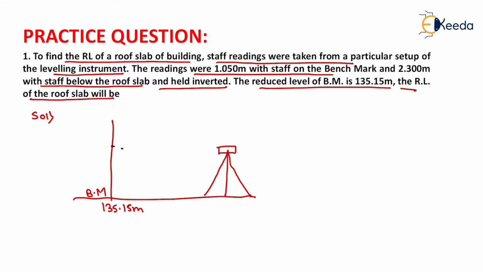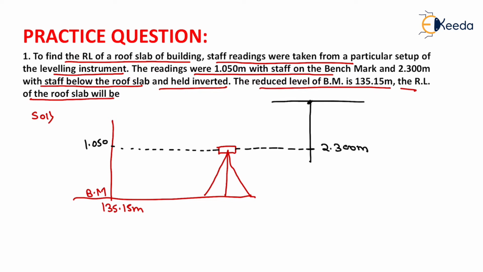Now the benchmark reading is already given, which will be equals to 1.050 meter. Now one roof slab is there, that is like this, and a staff is held inverted like this, and from the top this reading will be equals to 2.300 meter. Now we need to calculate the RL of the roof slab.